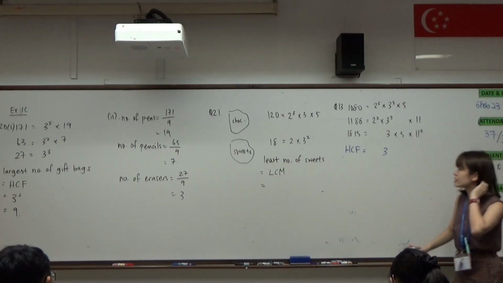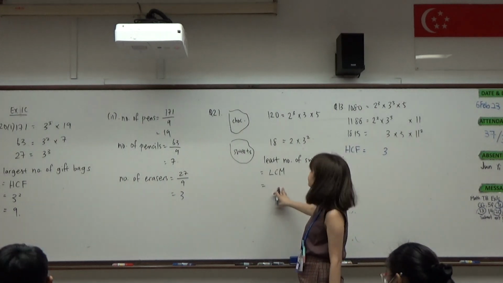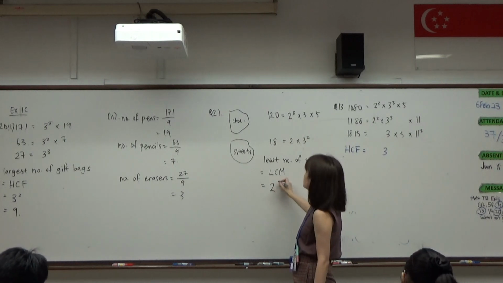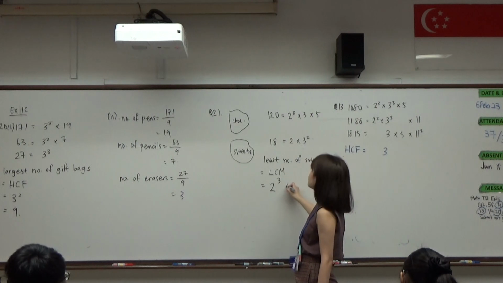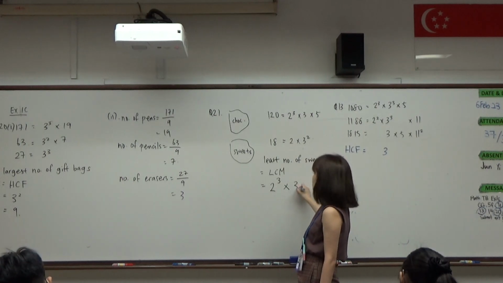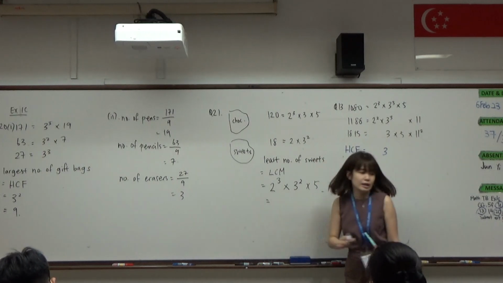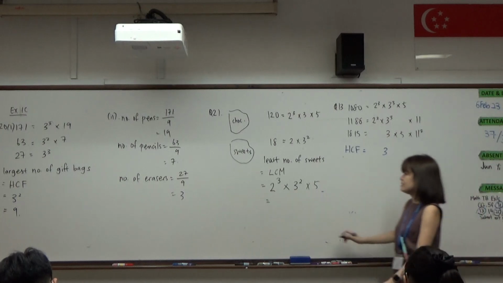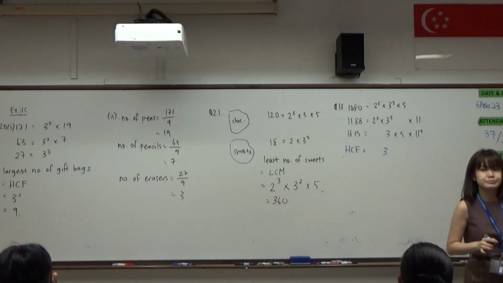What's the LCM in this case? 2 to the power of what? 3, times 3 to the power 2, times 5. Then we will get 360. But is this what the question wants?